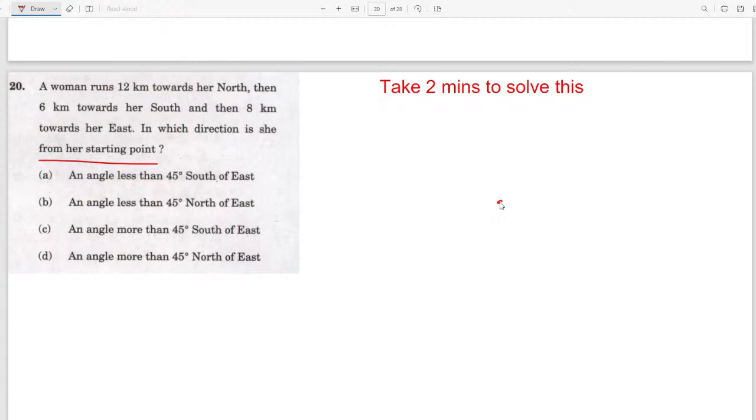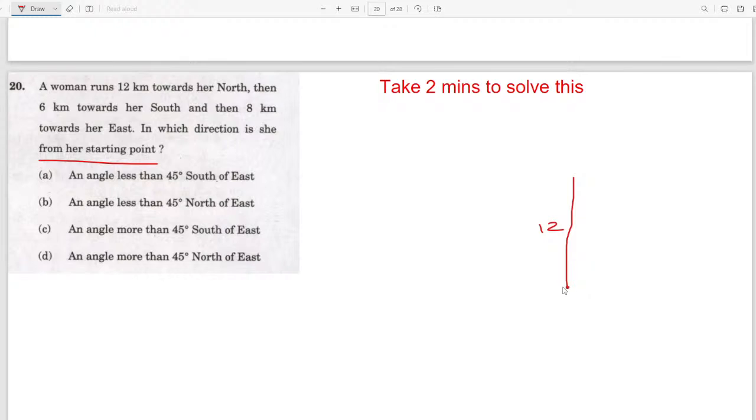So let's start here. The woman starts running 12 kilometers towards north. And then 6 kilometers towards south. If she has gone south, she has to come back 6 kilometers. This is 12 kilometers from the starting point.